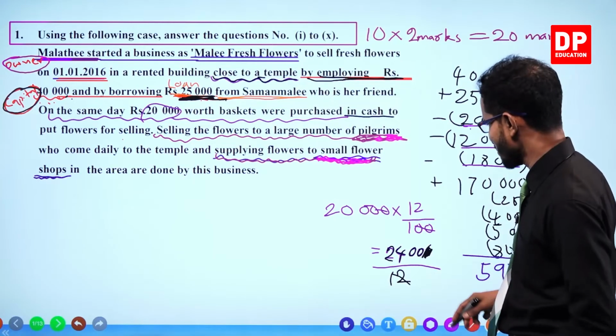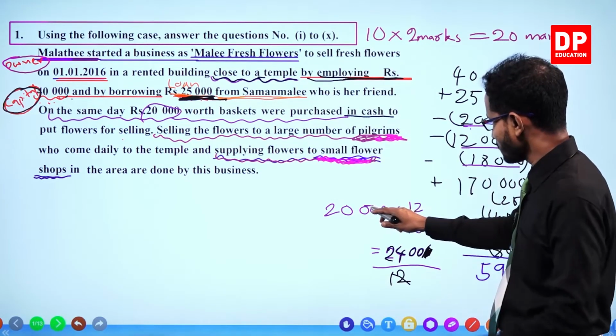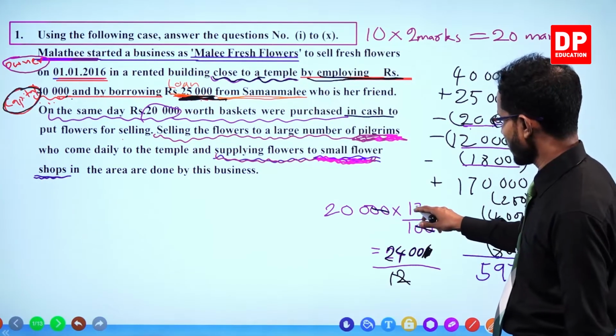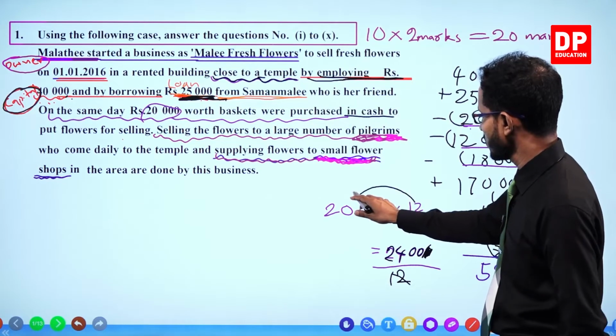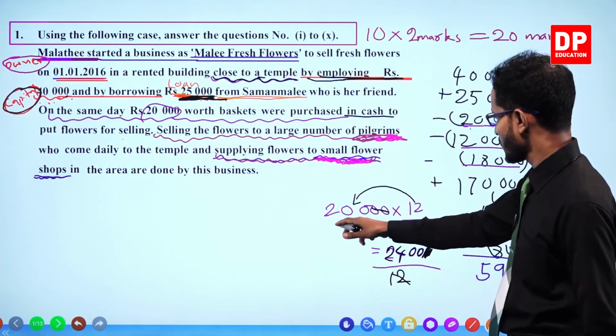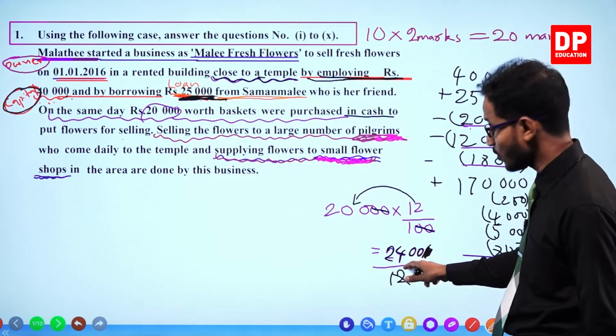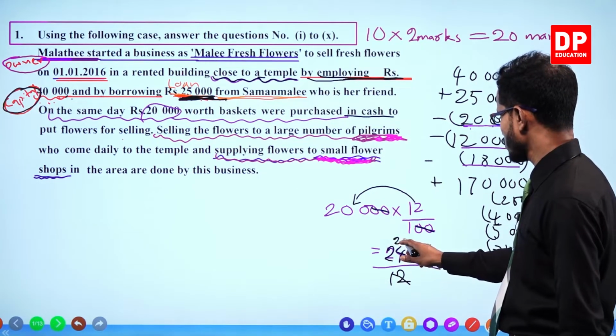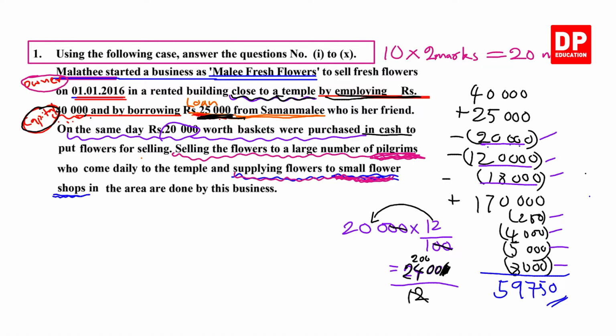We took one extra zero, right? When you cut the zeros, 2 zeros will be cut, and 12 into 200, it's 2,400, or 2,400 divided by 12 becomes 200. That is the answer.